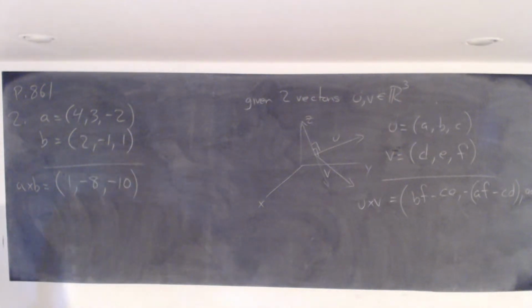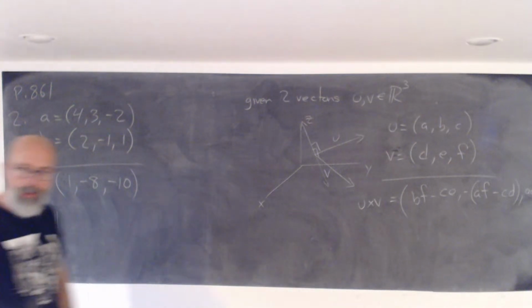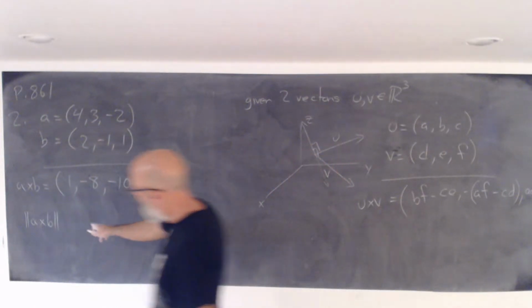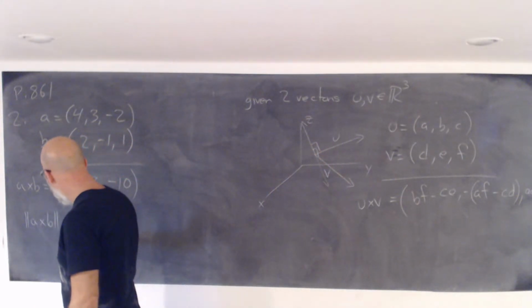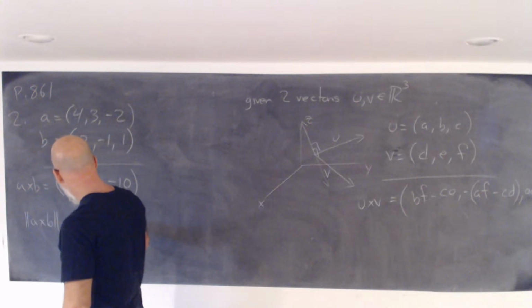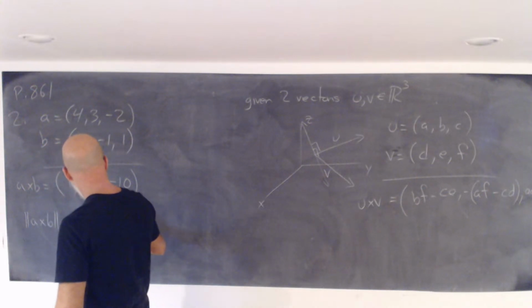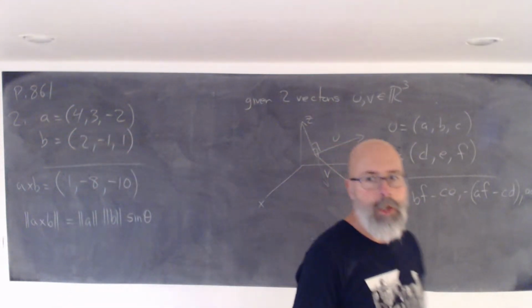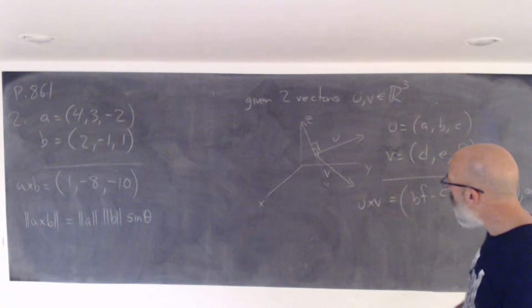Similarly to the dot product, where the dot product was length of A, length of B, cosine of the angle between the two, here the length of the cross product is actually length of A, length of B, sine of the angle between the two. Geometrically, what does that mean?